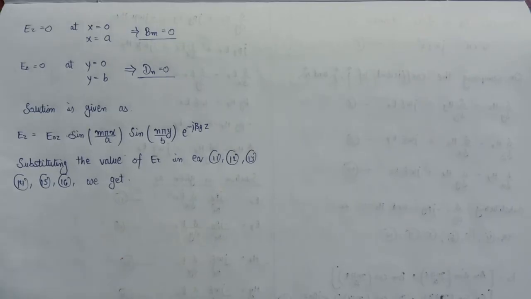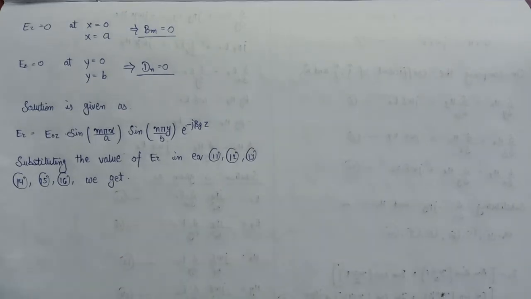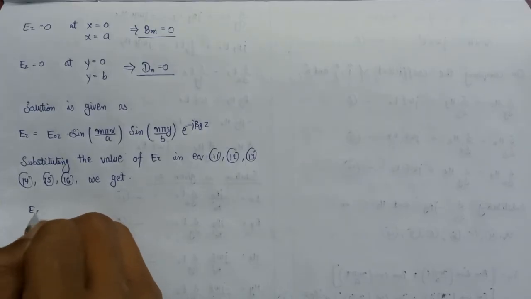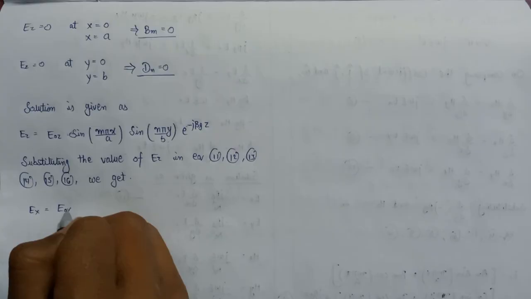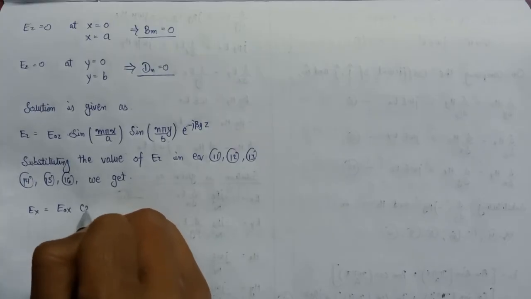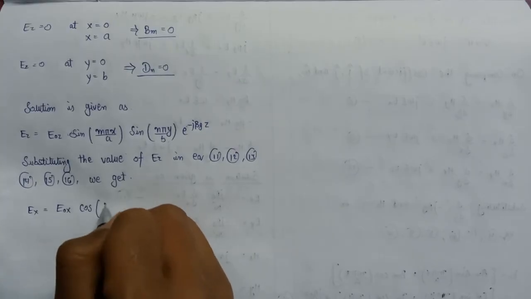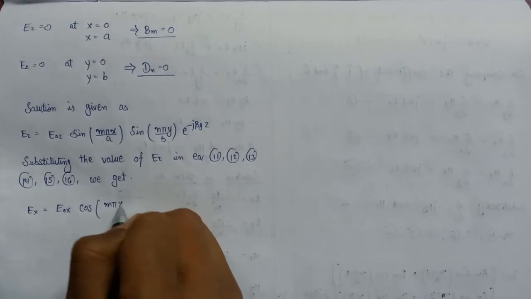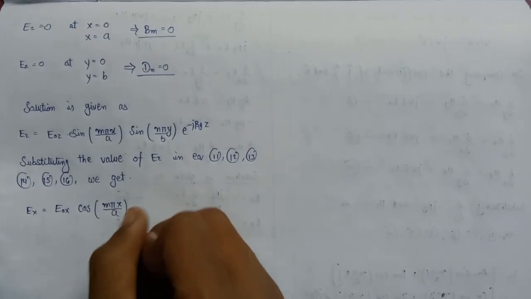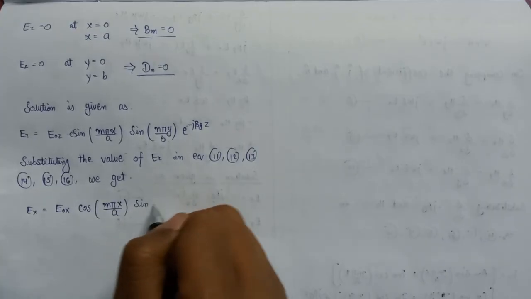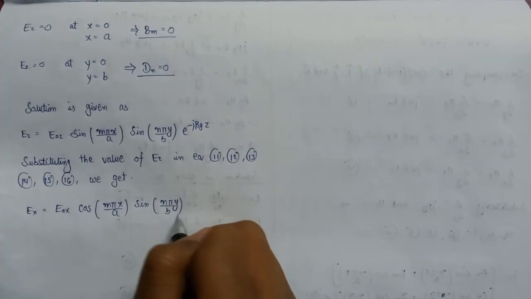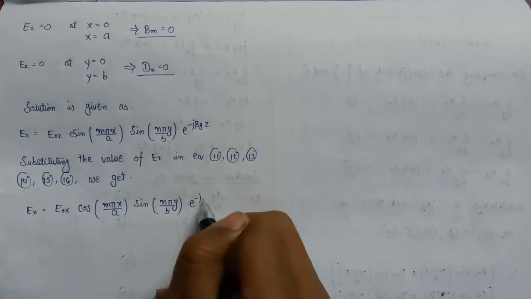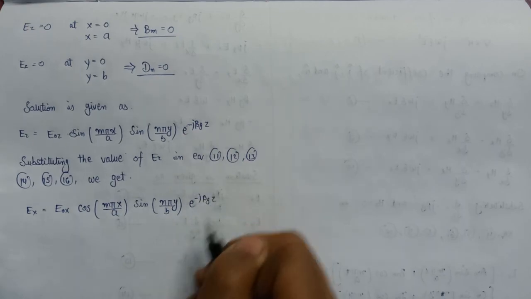for the value of E of x, we get E of x equals E of 0x cos m pi x over a sine n pi y over b e to the power minus j beta gz.